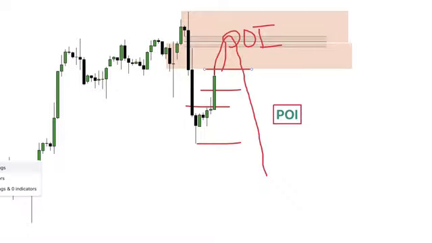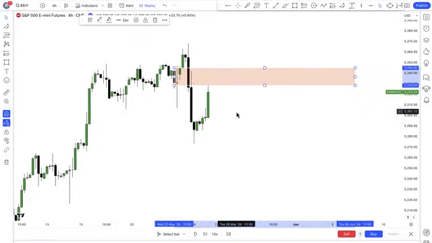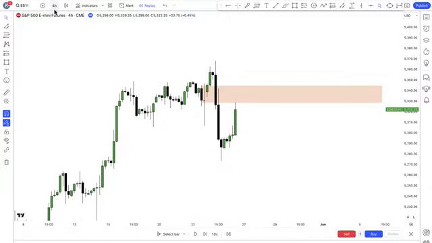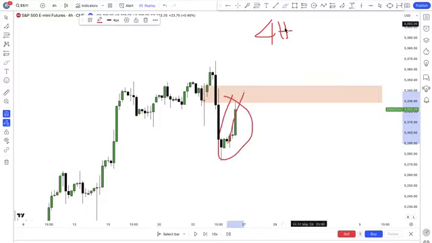So in order for me to validate my point of interest, I have what we call time frame. Look closely here. You will discover that I have the 4-hour time frame as what I'm watching this movement on. In order to notice the retracement properly, while it comes up there, I will drop down.